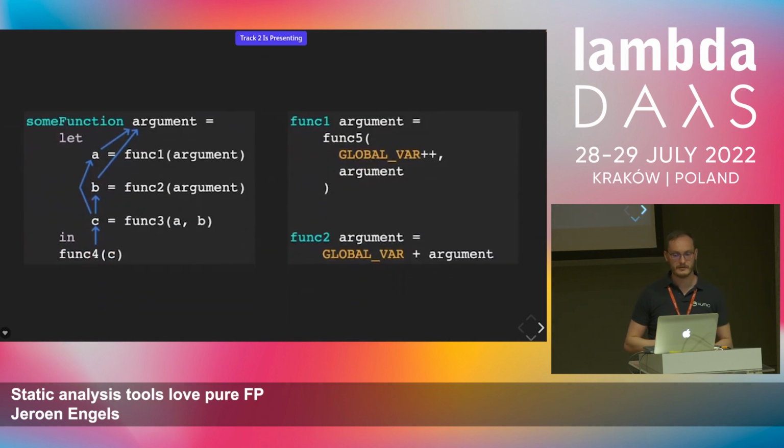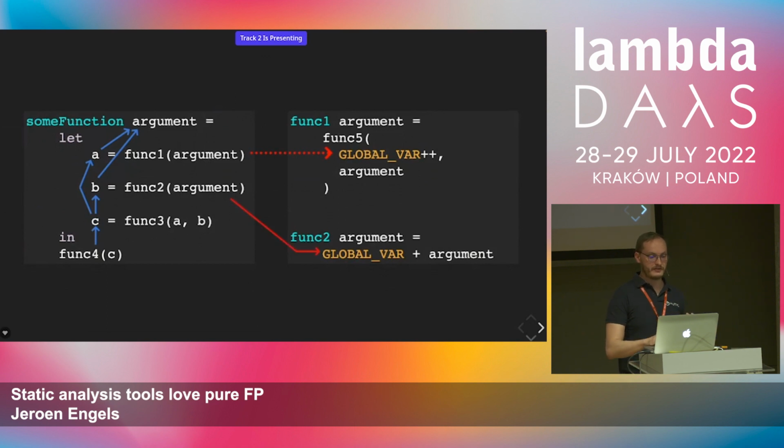But let's look at the functions that we're invoking. We see that func1 has a side effect. It's referencing and mutating a global variable.